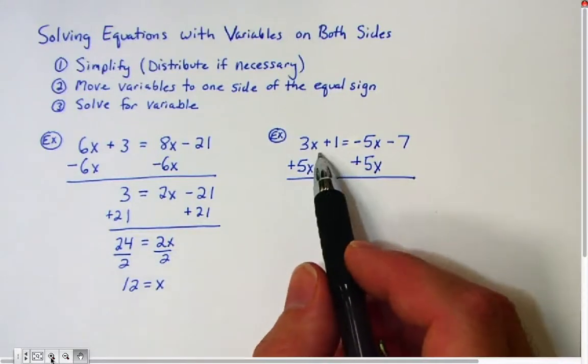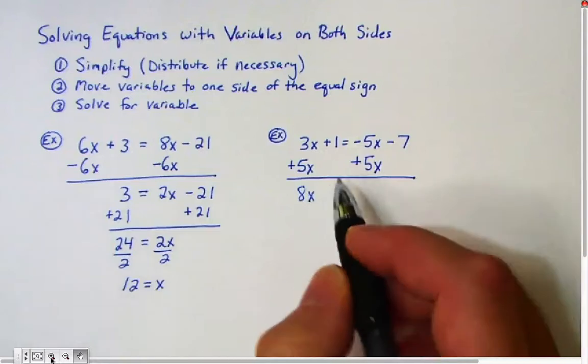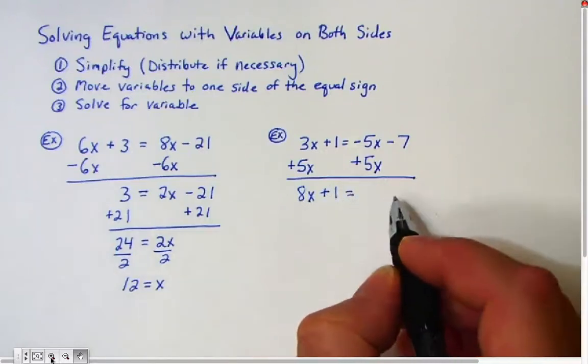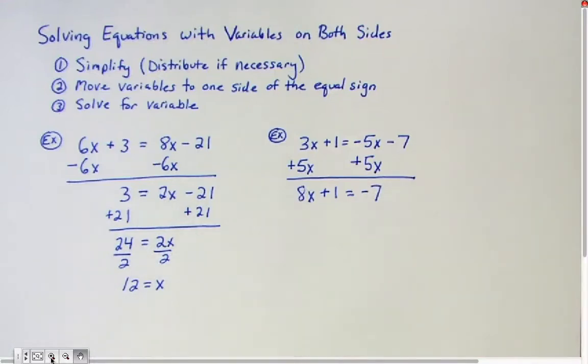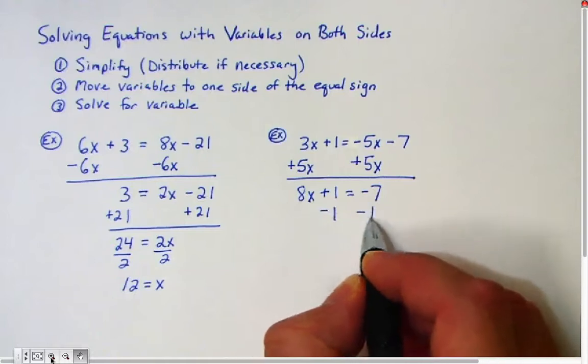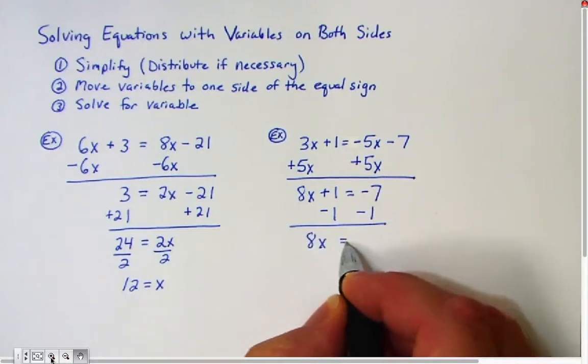We then have 3x plus 5x is 8x plus 1 equals negative 7. Now subtract 1 from each side, and 8x equals negative 8.